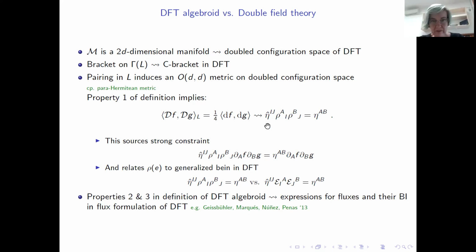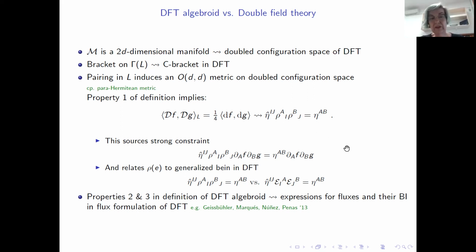The importance of this relation here is that it is the source of the strong constraint, which might not be visible now, but when you act on the function, you see that I have the target metric, as I told you in DFT, and contracted derivatives acting on different functions. So this is sort of the strong constraint terms, but you will see it later.